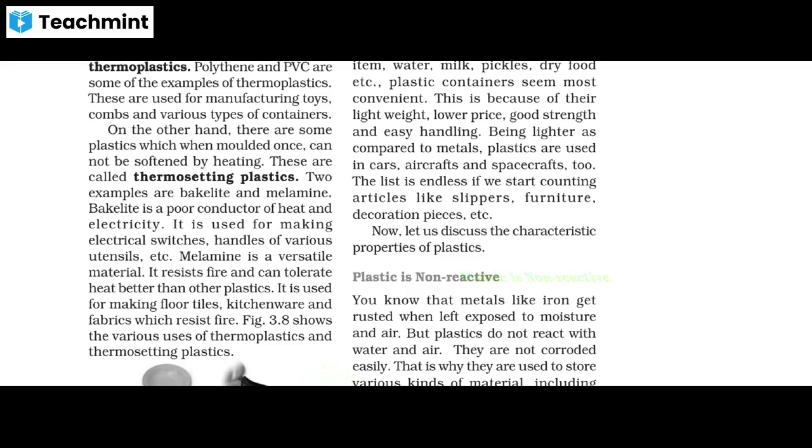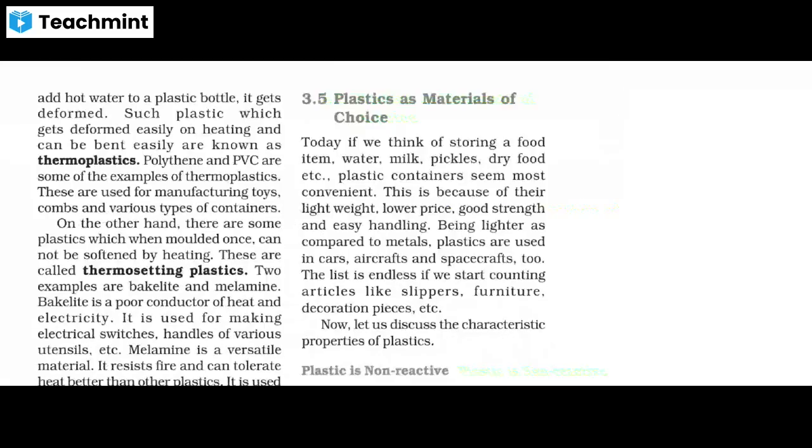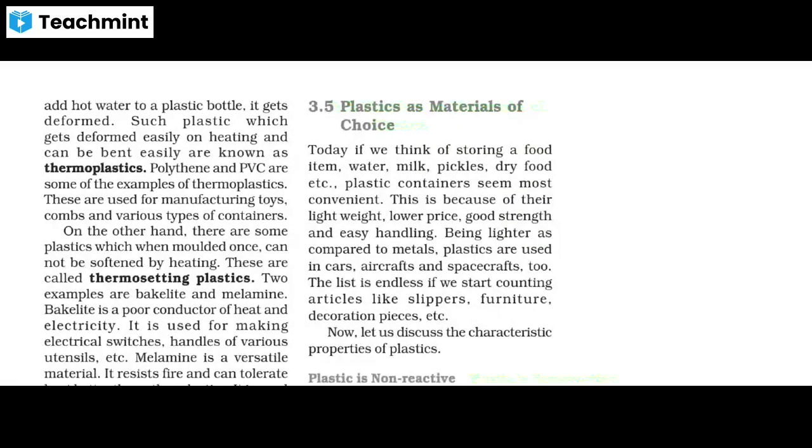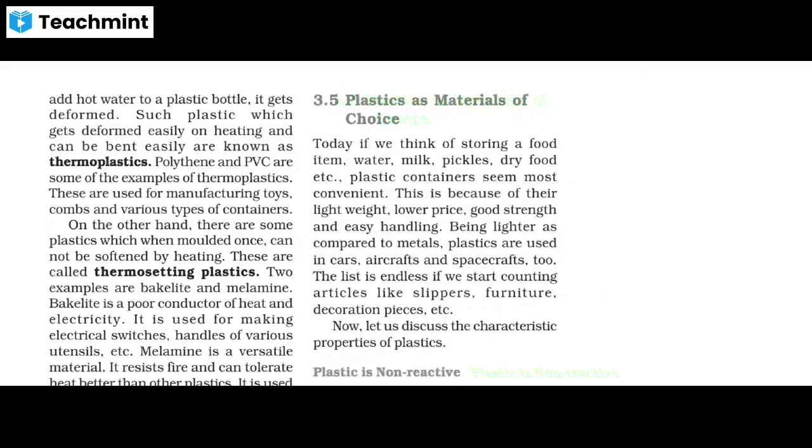Then, plastic as a material of choice. What does it mean? Plastic as a material of choice. Today, for the storing of food, even food grains and some edible things, we are preserving them in plastic because we are comfortable with those plastic materials, right?